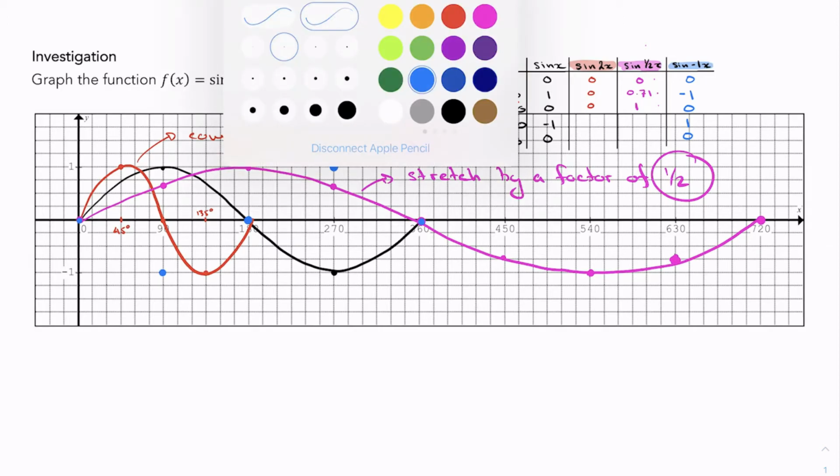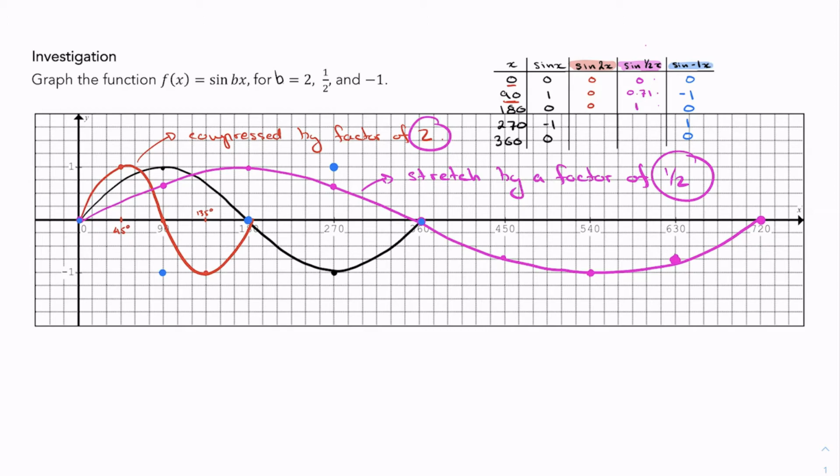And with a smooth line, steady hand, I'm going to connect these points. I'll try that again. This is terrible. Let me go backwards. Try again. There we go.